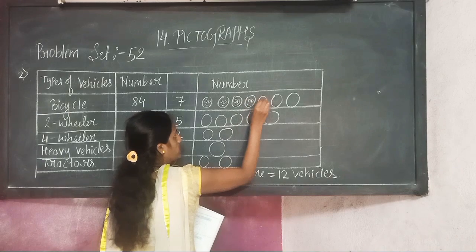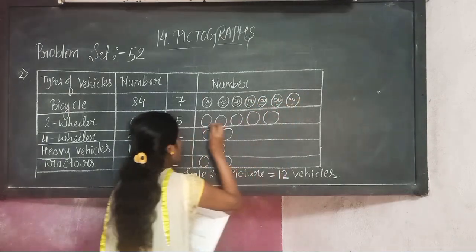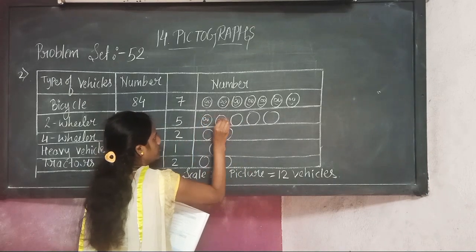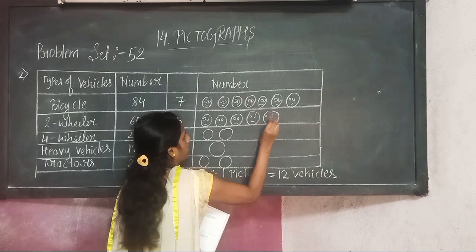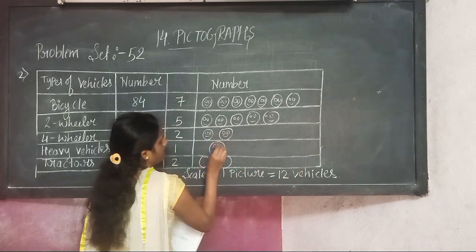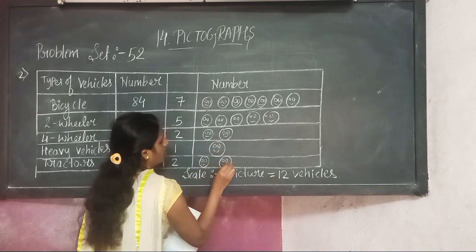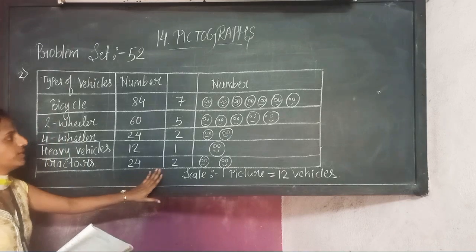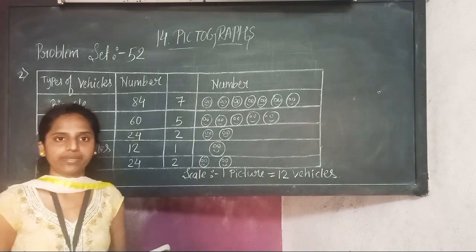You can draw any picture, but just see that you use the same picture for this question. In this way you have to draw a pictograph for the given information. Hope you understood the second question.